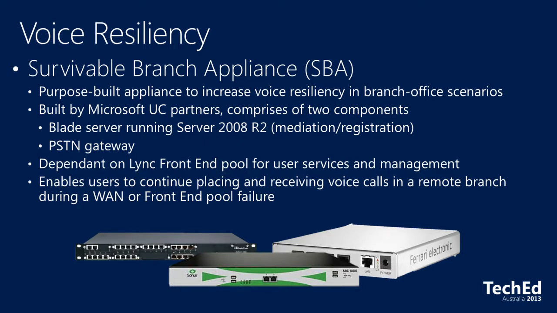As we talked about before, the front end runs all your conferencing and a whole bunch of other services, IIS for your web services, things like that. The server component on the SBA is running mediation, so it's able to transcode locally, and registration. So my Lync client can register locally at that branch site. Everything else, service-wise, comes from the front-end pool.